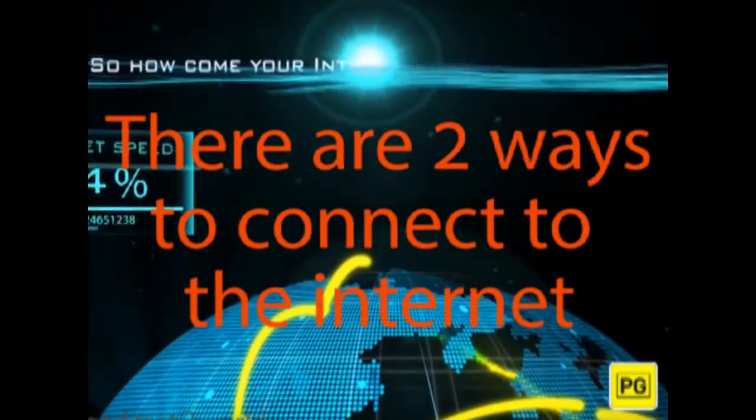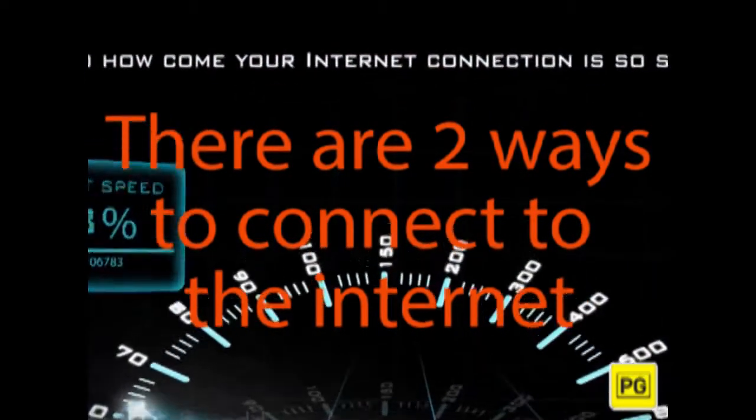There are two ways to connect to the internet. One way is paggamit ng LAN cable. So, para magamit yung LAN cable, first, isaksak niyo yung first end doon sa port niya.